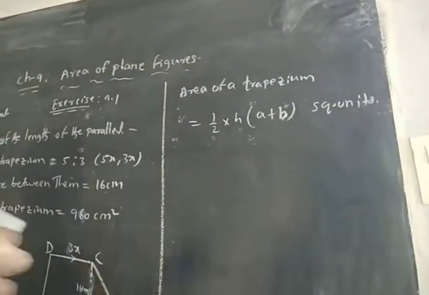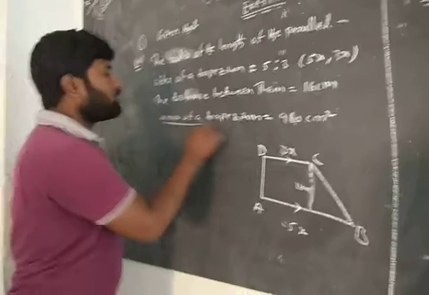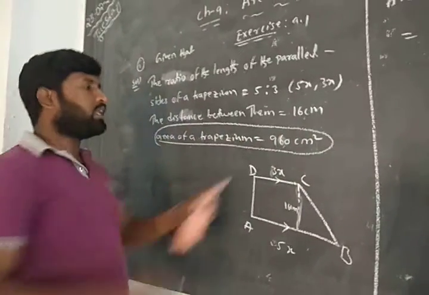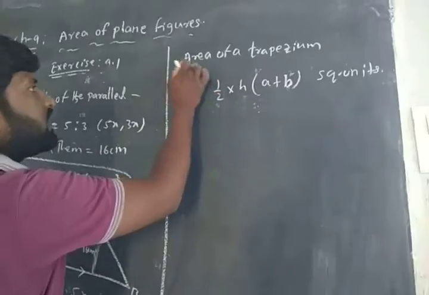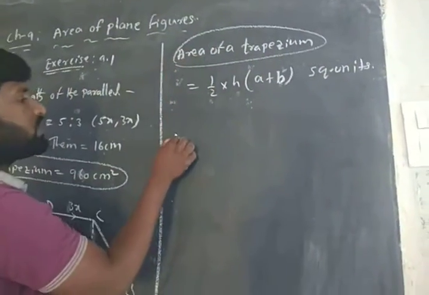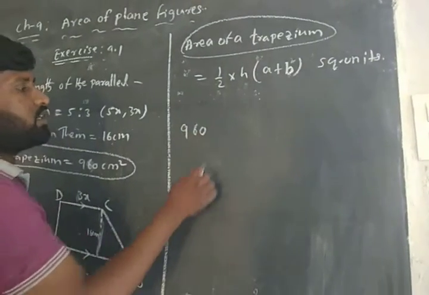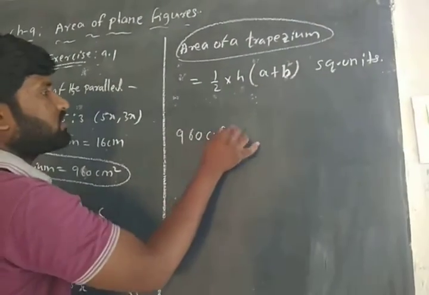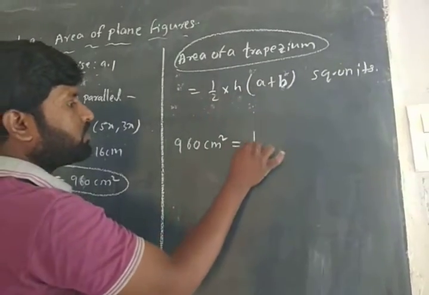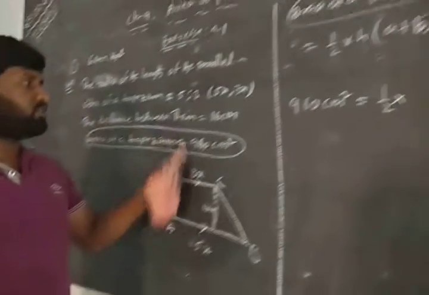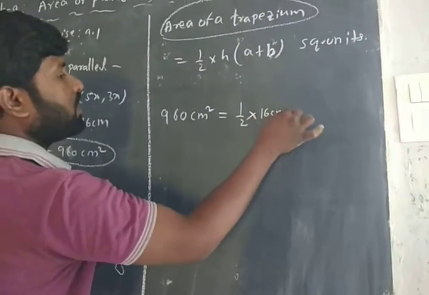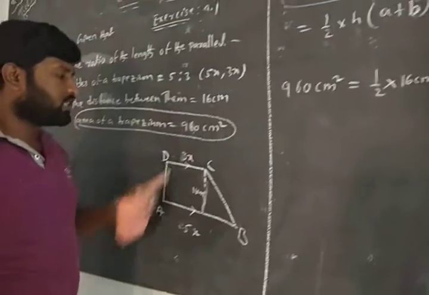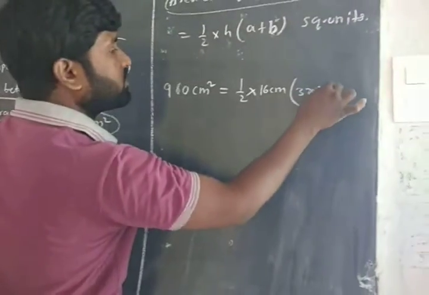The given area of the trapezium is 960 square centimeters, so we can write directly 960 square centimeters is equal to half into h. The height is the distance between them, 16 centimeter. a is 3x, b is 5x, so 3x plus 5x.